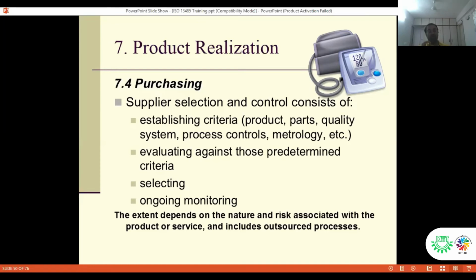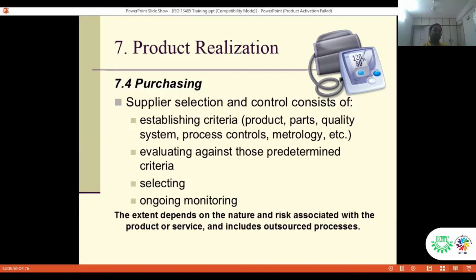You cannot purchase any single item if you have not done a supplier evaluation and included the supplier in a list of approved suppliers. You have to give different ratings from A, B, C, and D, and accordingly you purchase your product from the vendor.